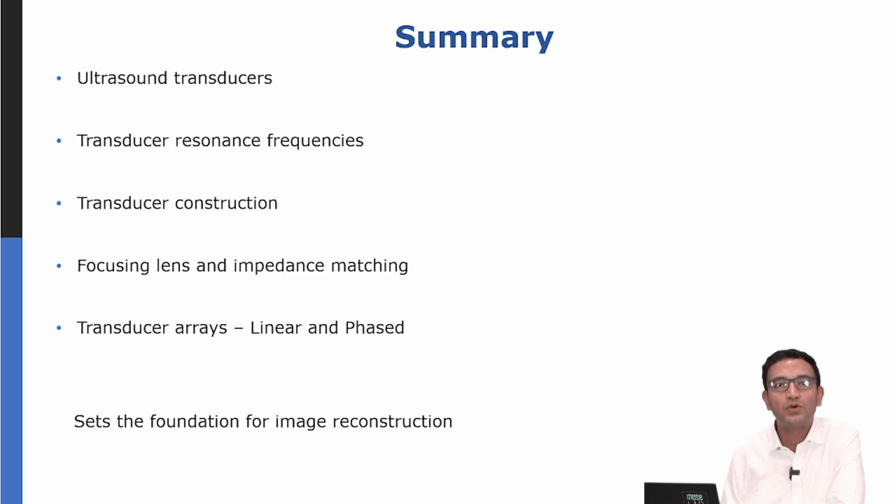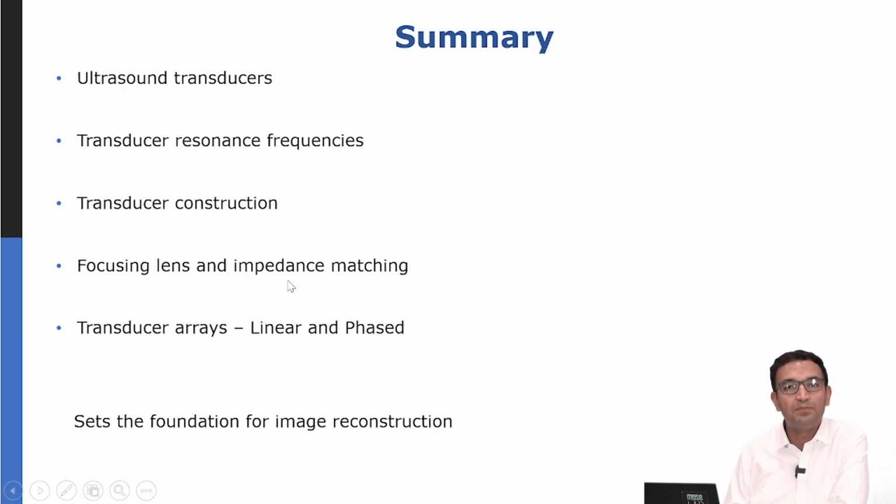So let us summarize what we have learned in today's lecture. We discussed ultrasound transducers, individual crystals, the construction of an ultrasound transducer. We discussed the resonance frequencies of the transducers, quality factor, etc. We discussed focusing lens, how we can focus ultrasound either by using a concave lens or by using a concave geometry of the transducer elements themselves.